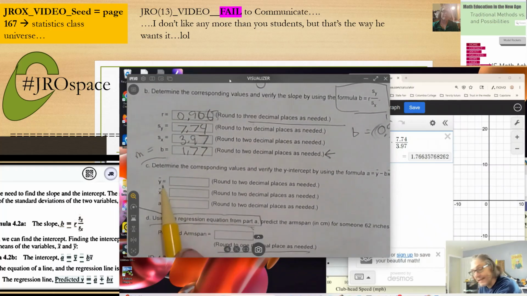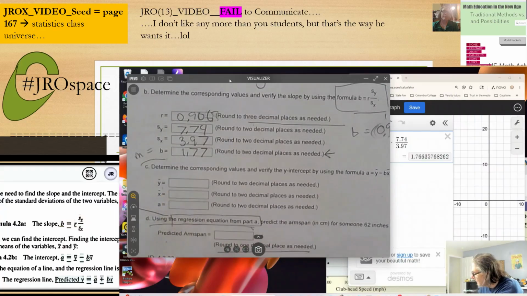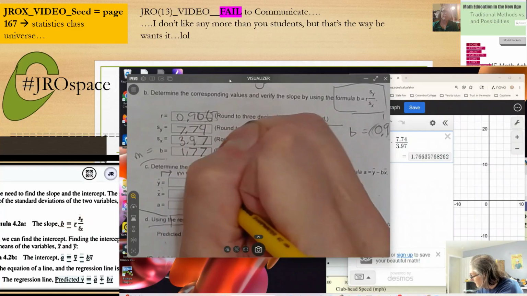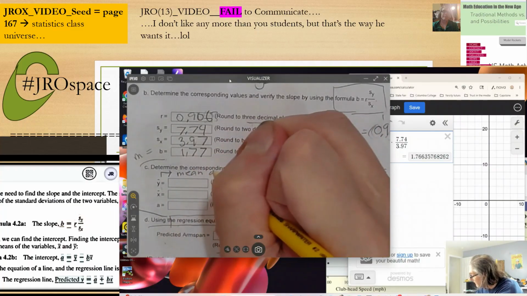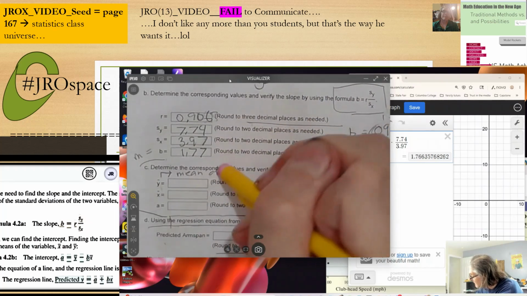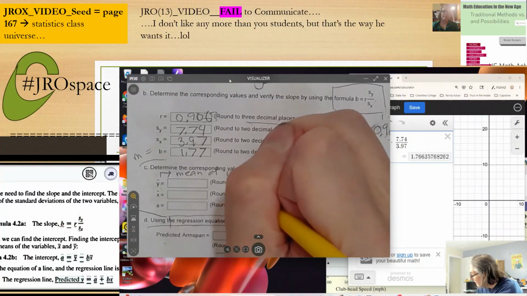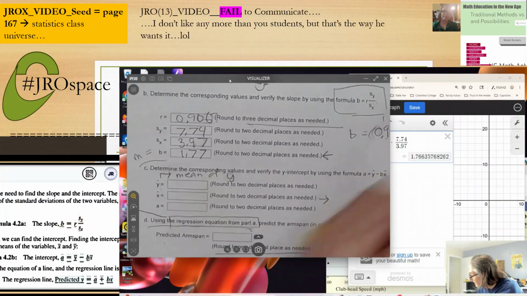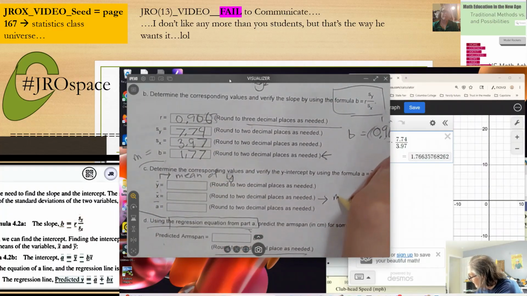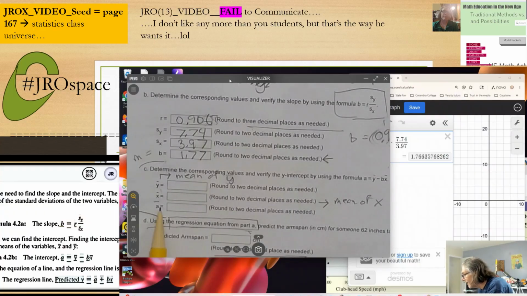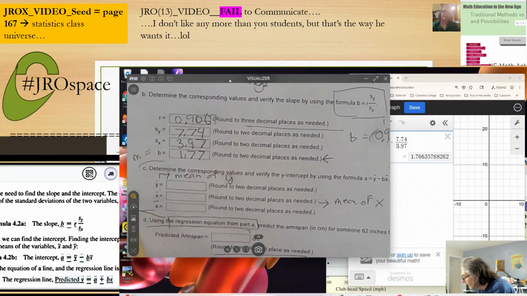Now we need the mean of y. That's the mean of y, right? Y bar, the mean of all the y's. And this one right here is the mean of all the x's. And then A is the y-intercept.